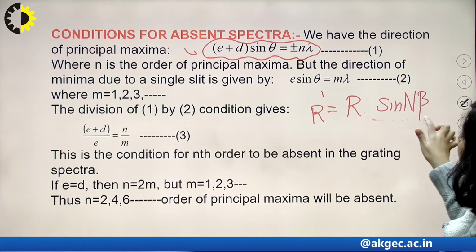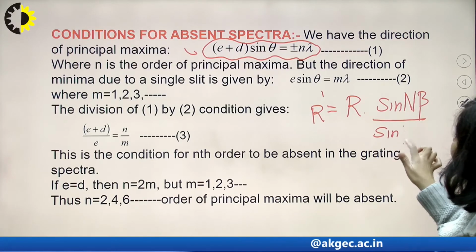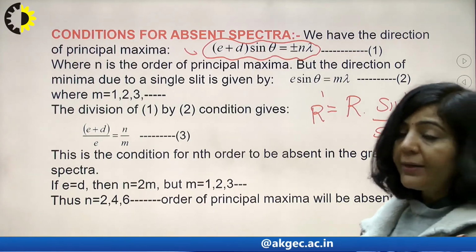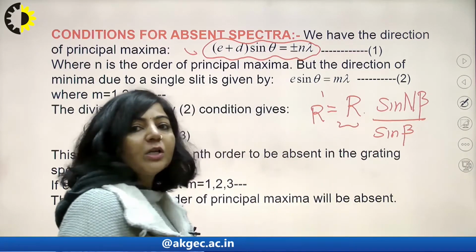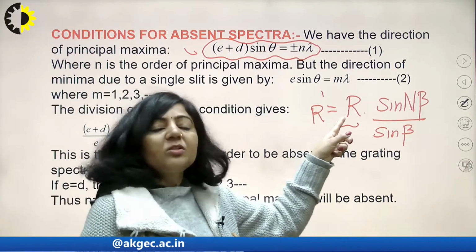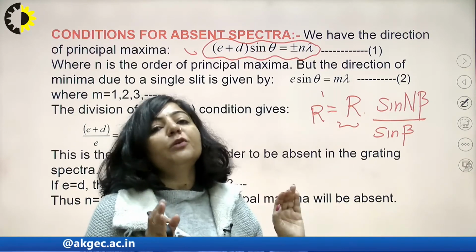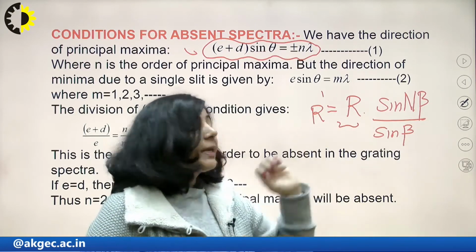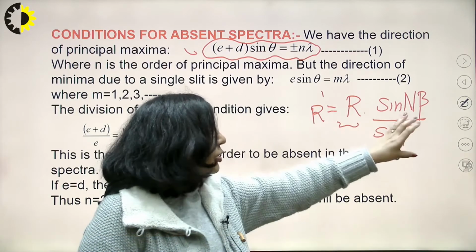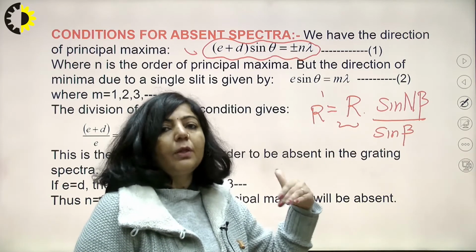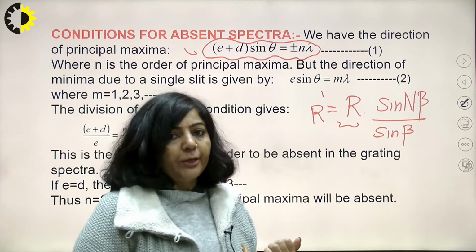If you remember, this is the expression for resultant intensity in a plane transmission grating. If you see this carefully, the first factor is the contribution of a single slit, whereas the second factor is the contribution of n slits. The combination of these two gives you the resultant in a diffraction grating.